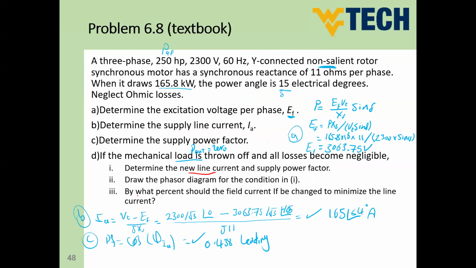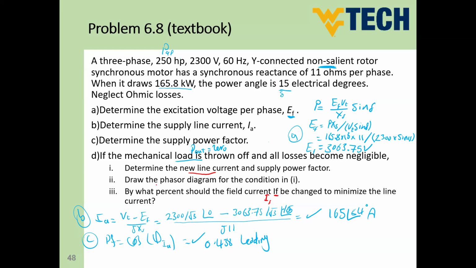Another question here: by what percent should the field current be changed to minimize the line current of the supply? This is a very good question. By what percent should the field current IF be changed to minimize the line current?